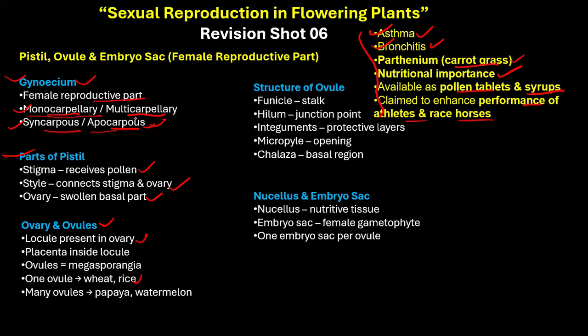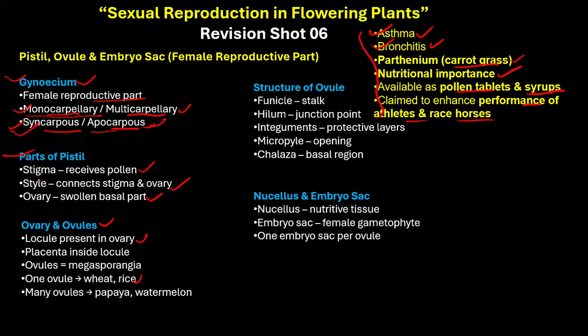If you have multiple pistils inside the ovary, that's called multicarpellary. If these pistils are fused, it's called a syncarpous condition. And if they are separate from each other, they are free, then it's called apocarpous condition. Apo means free and syn means fused.